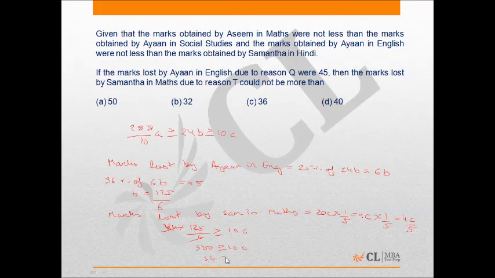This implies 50 is greater than or equal to C. I have to find out 4 by 5C. So 50 into 4 by 5 is greater than or equal to 4 by 5C. So 40 is greater than or equal to 4 by 5C. So this is my answer. The marks lost by Samantha in maths due to reason T could not be more than 40.